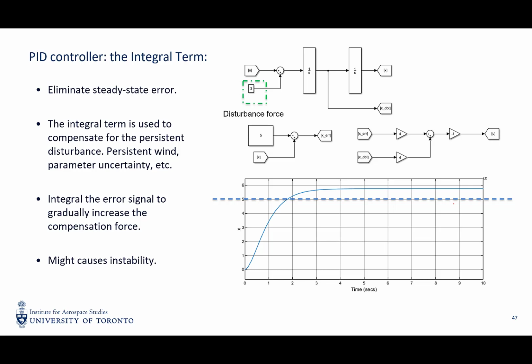Now, what about the integral gain? In addition to the U here, we have some external disturbance, UE. So the total equation of motion is U plus UE equals x double dot.